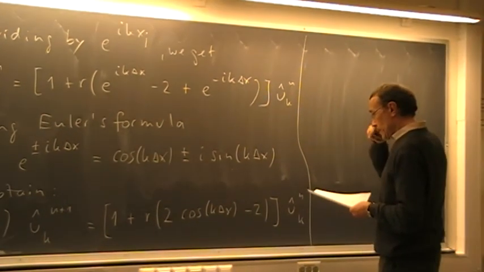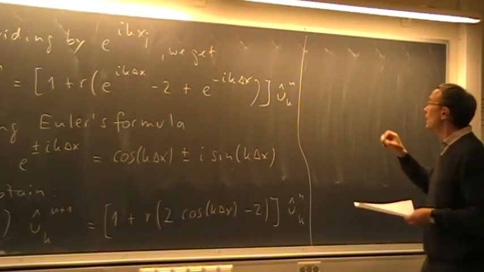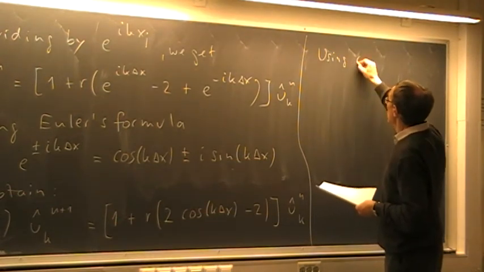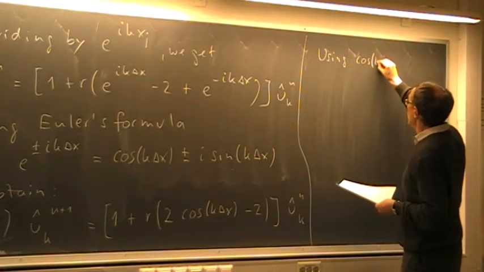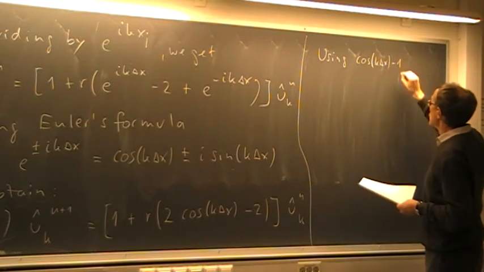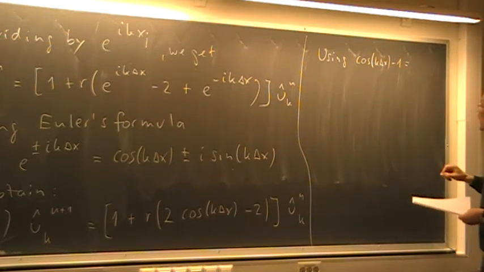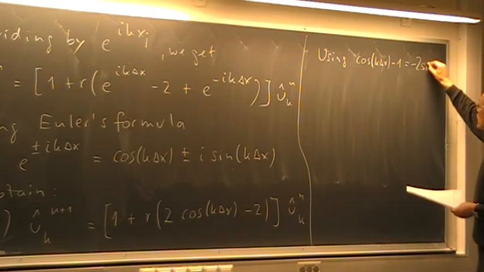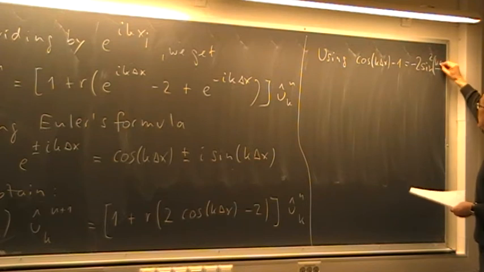We now use a trigonometric identity, that the cosine of k delta x minus 1 can be expressed as minus 2 times the sine squared of k delta x half.